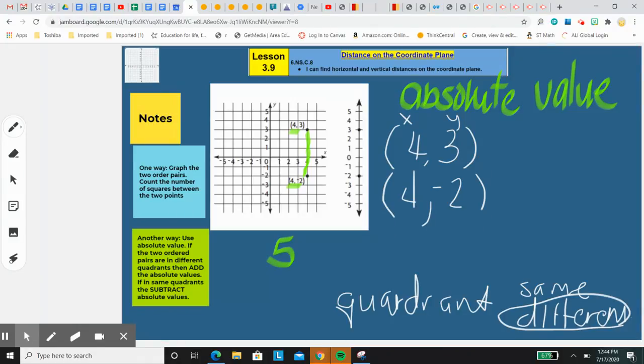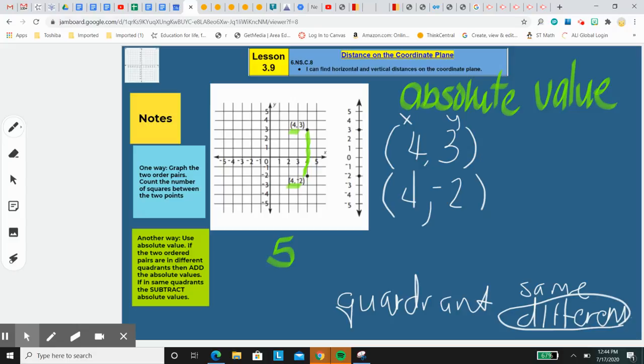So follow the directions here in the green box. It says use absolute value. If the two ordered pairs are in different quadrants, then you're going to add the absolute values. If the coordinates are in the same quadrant, then you're going to subtract their absolute values. Okay, I know that makes no sense right now, but just follow me here.